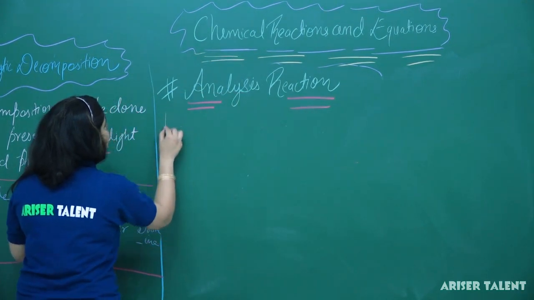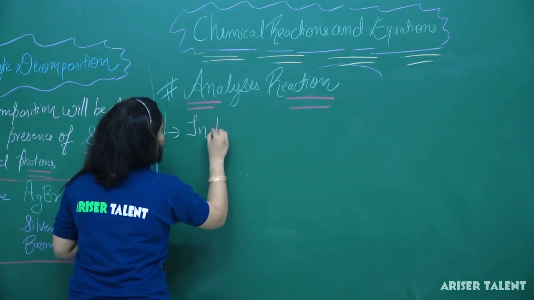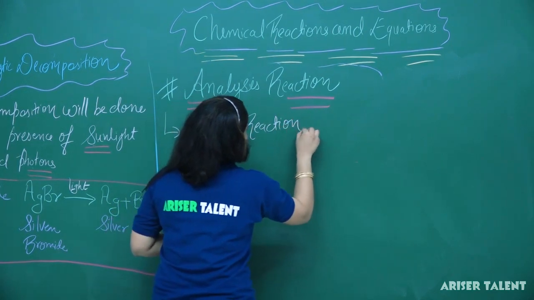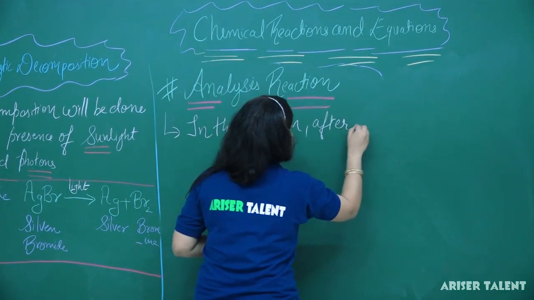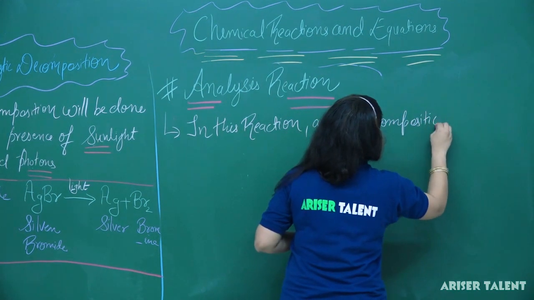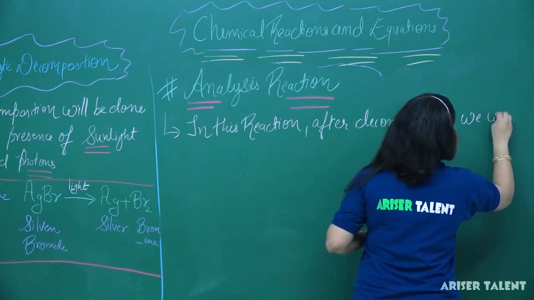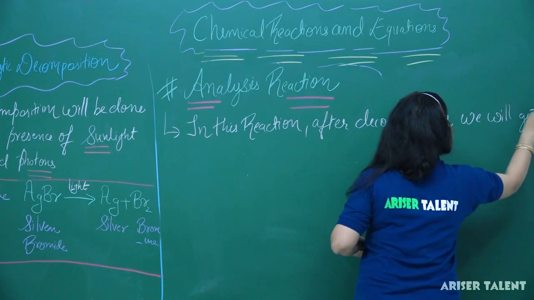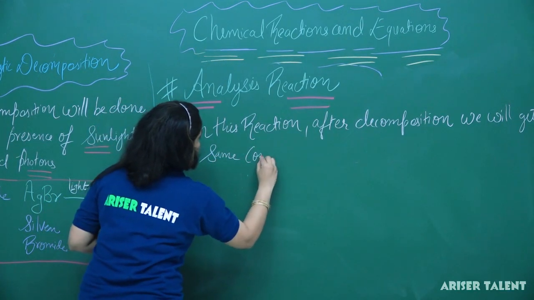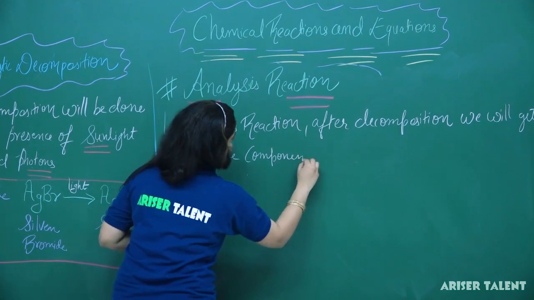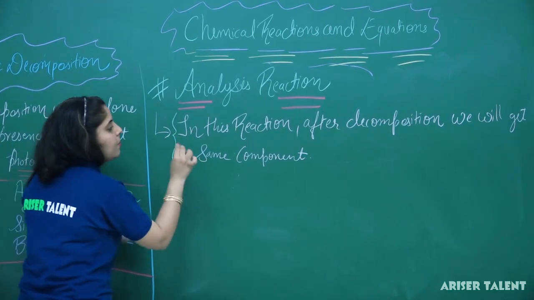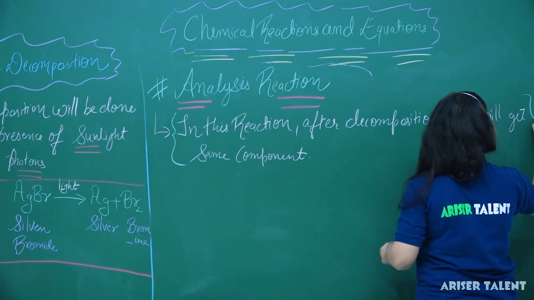So what are analysis reactions? In this reaction, after decomposition, we will get the same components. So this is the definition for analysis reaction, and this will be more clear to you with the help of an example.